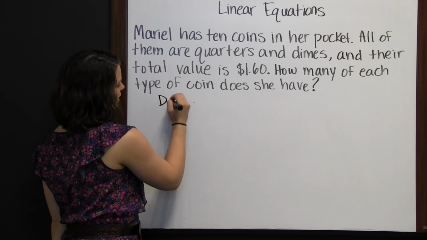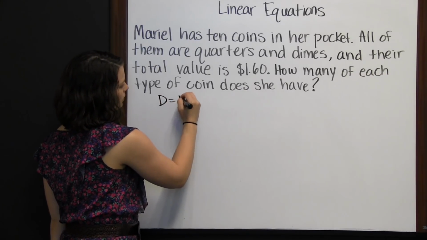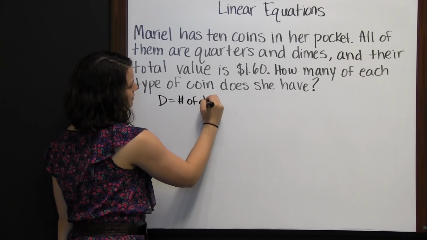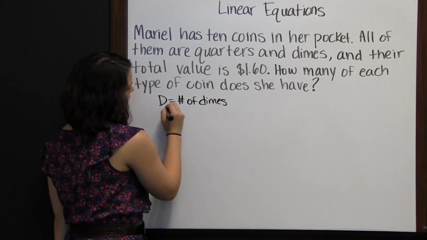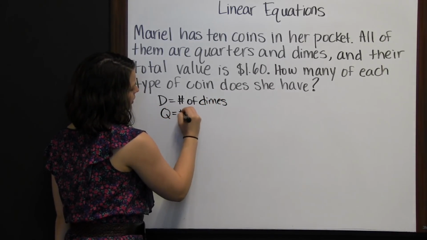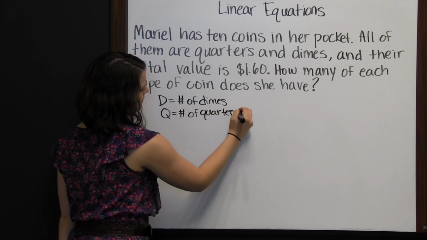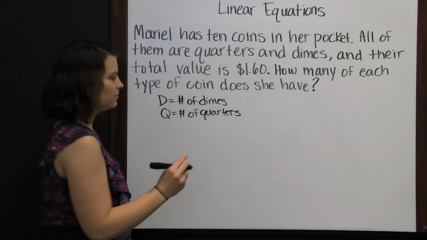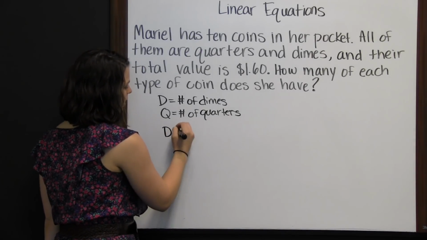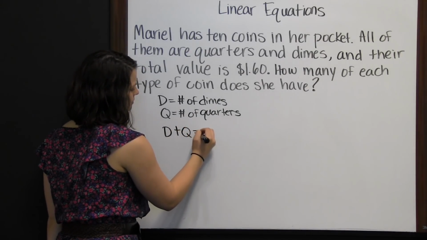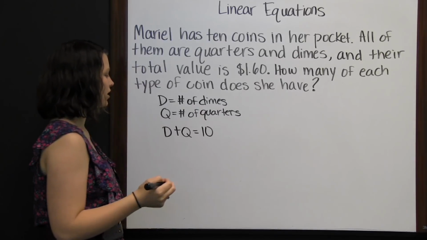So if we use D for the number of dimes and Q for the number of quarters, then one of our equations could be her number of dimes plus her number of quarters is 10 total coins.